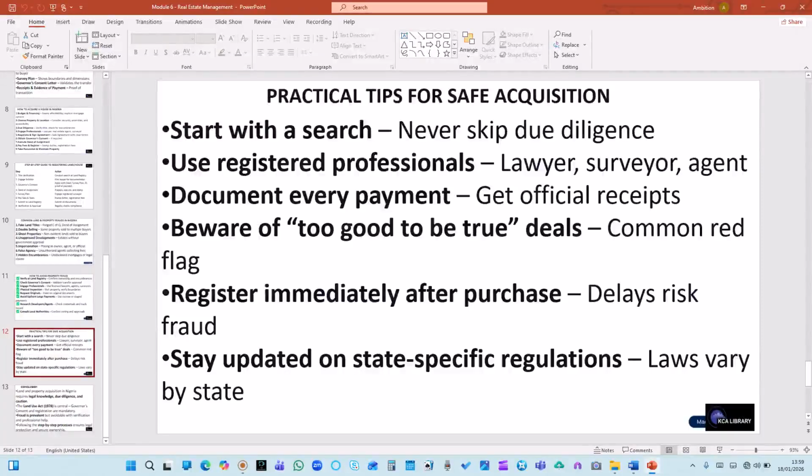That is a common red flag. So you have to be aware of this. Register immediately after purchase. So once you finish making your payment, register your land because delay risks fraud. Now, another practical tip is stay updated on state-specific regulations. Laws vary from state to state.